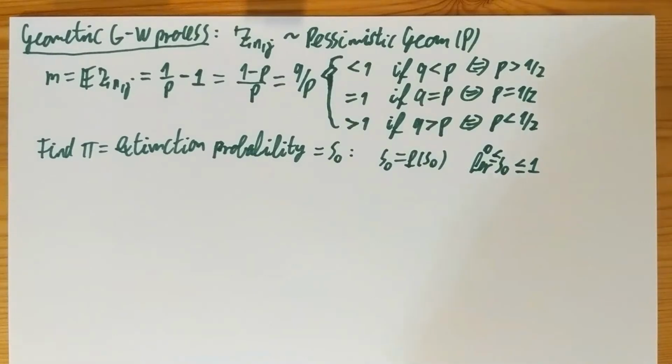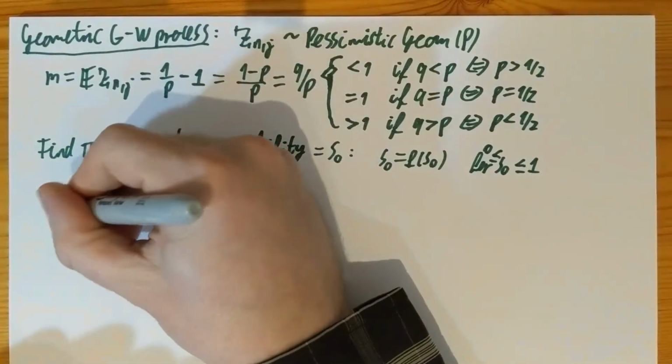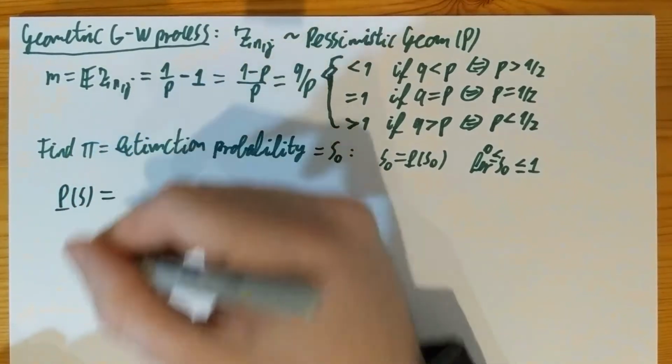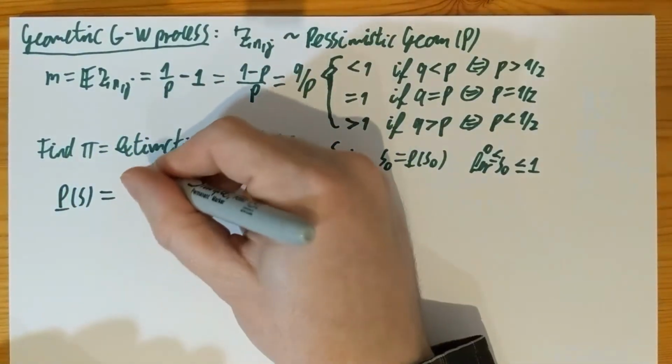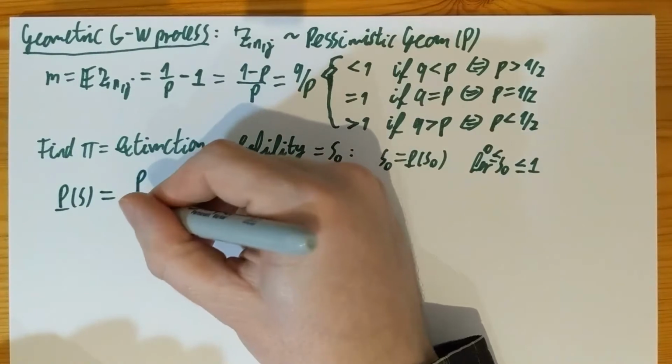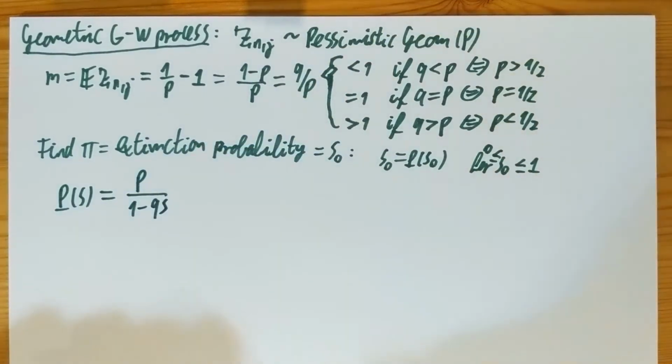Okay. Now, what is the generating function of this pessimistic geometric? We calculated this before. It's p over 1 minus qs. That's the generating function for pessimistic geometric.